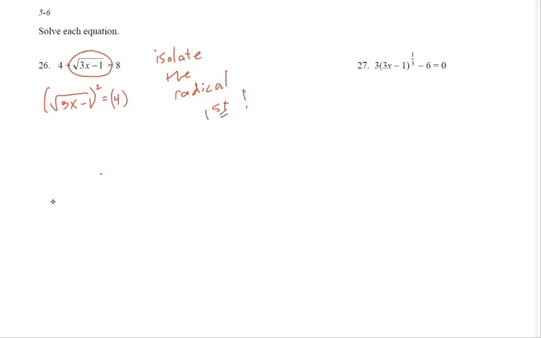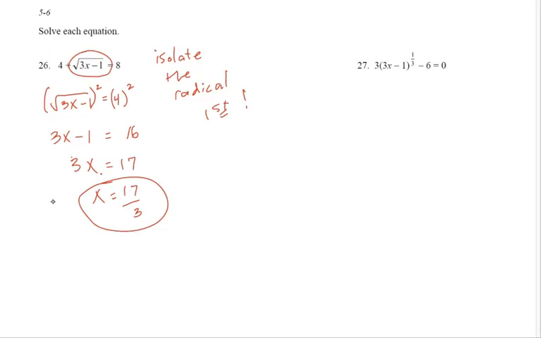But if I raise the left to the second, I also have to raise the right. Well, raising the square root to the second power just gets rid of the radical. So it turns this into a pretty easy equation. I'll add 1 to both sides and then divide by 3. Here's my answer for number 26.